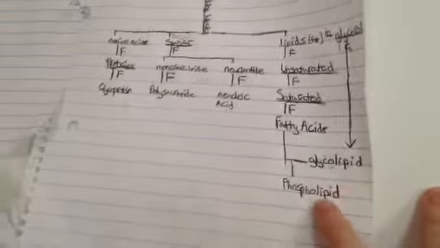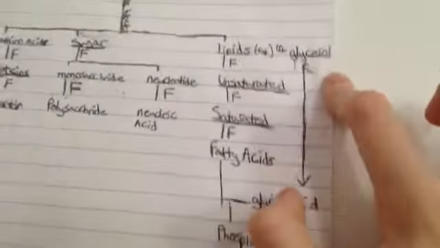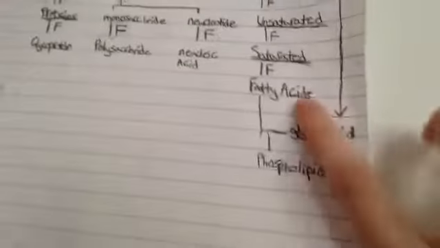I don't know, it's just easy for me to put all the fats together. And then I moved over here to glycerol. Because if you have a fat and glycerol, you can form a glycolipid, which is just a lipid with glycerol. And when I think of glycolipids, I also think of phospholipids. So that's just how I link that together. I'm sorry there's no label, but I didn't really know what to put there.